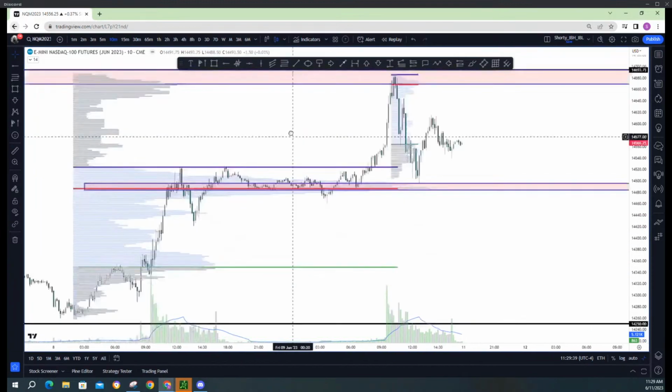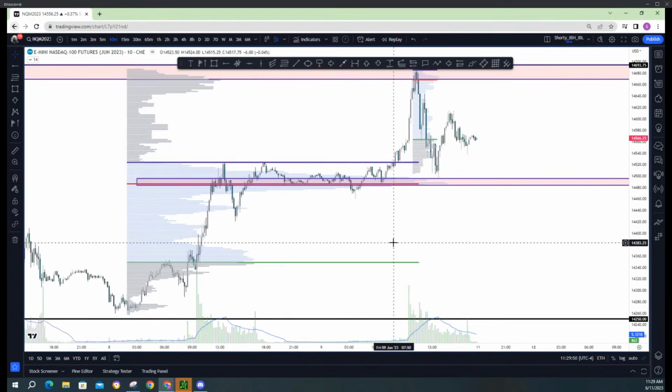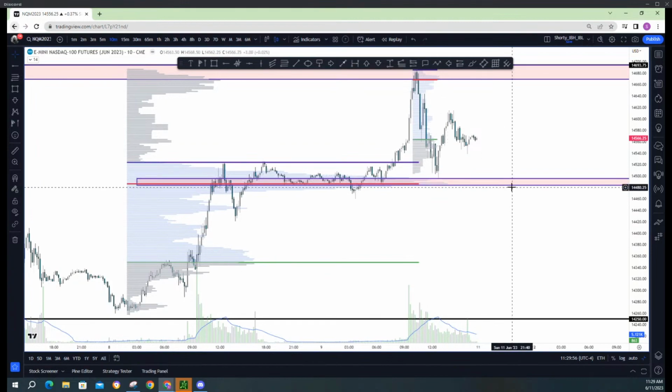So now if these buyers can't hold, your sentiment for a short term is? It's funny because where you got that POC, that's the PD POC. So now if they lose that, your sentiment changes a little bit to bearish.